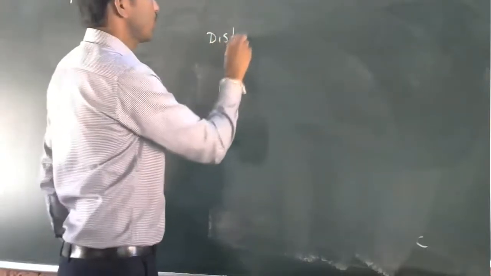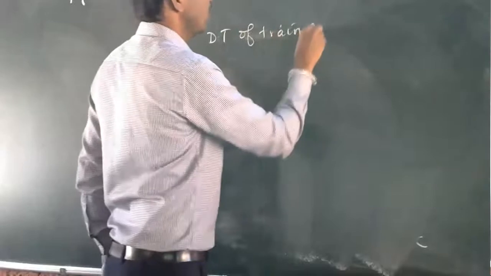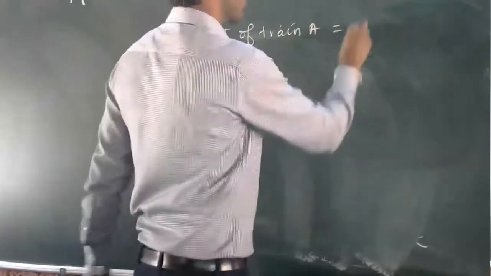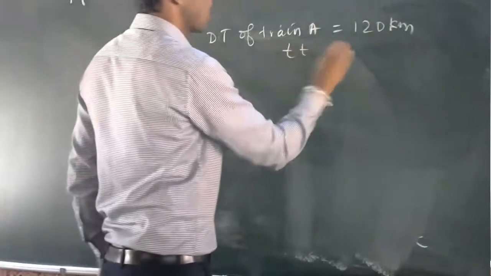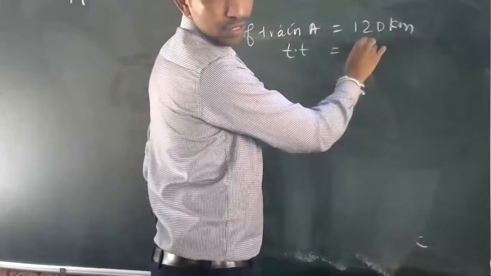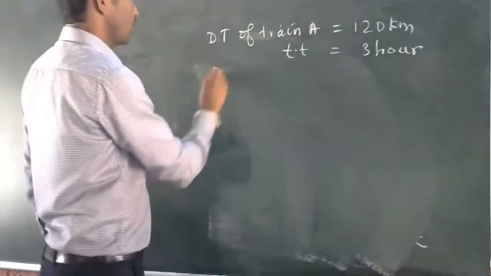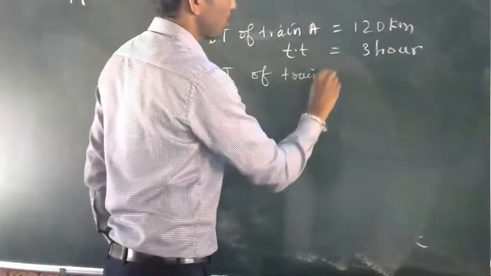So the distance and time of train A. How much? Distance traveled is 120 kilometers. Time taken is how much? 3 hours. Very simple problem.